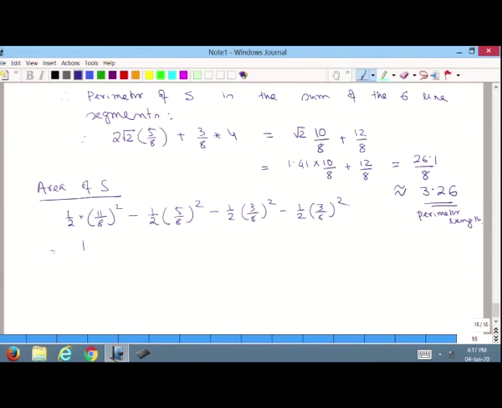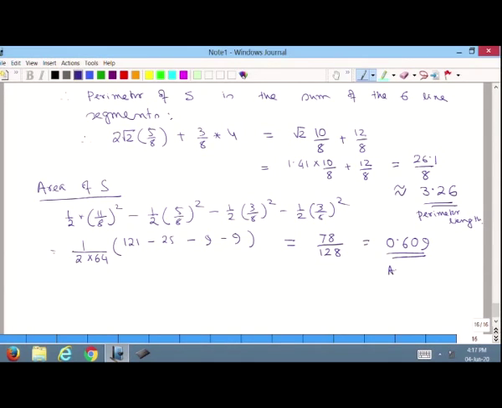which is equal to 1 upon 2 into 8 squared is 64, 11 squared is 121, minus 5 squared is 25, minus 3 squared is 9, minus 9, which is equal to 78 upon 128, which is equal to 0.609.